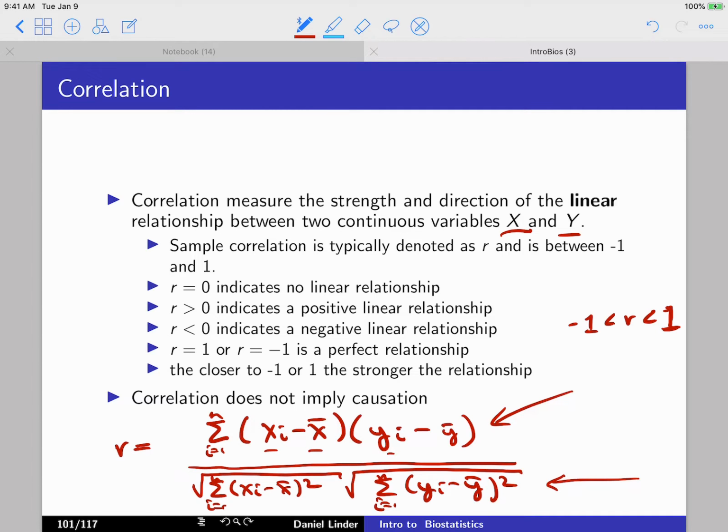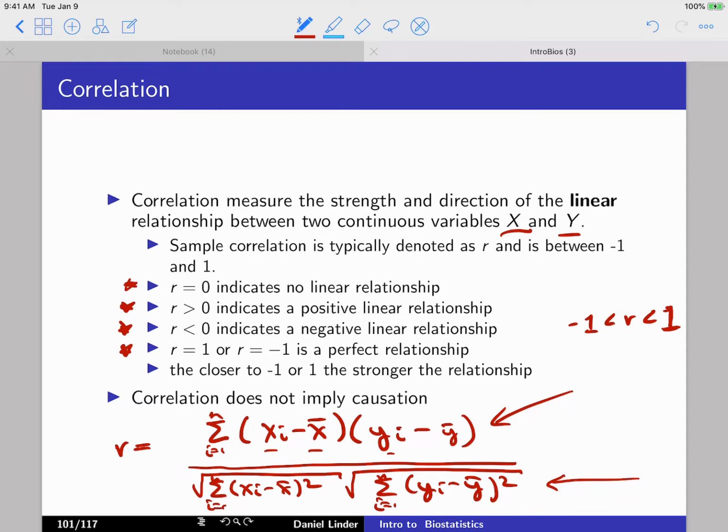So a correlation is some number between -1 and 1, and if it's 0, that indicates no linear relationship between x and y, and a correlation greater than 0 indicates a positive linear relationship. One that is less than 0 indicates a negative linear relationship. If any of these are identically equal to 1, that's a perfect relationship.